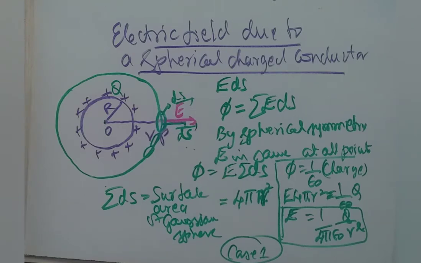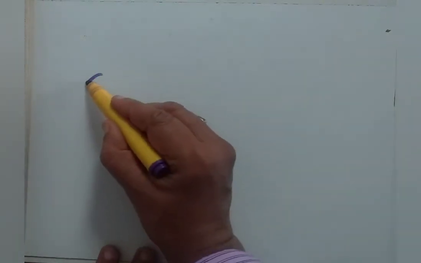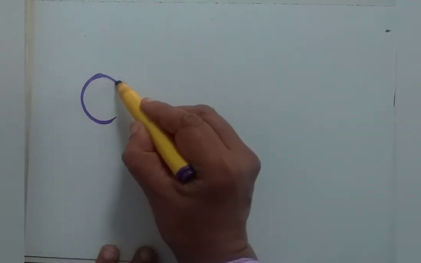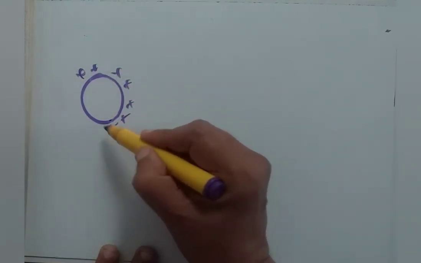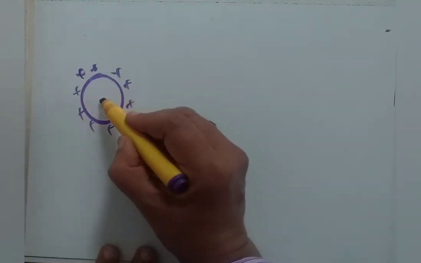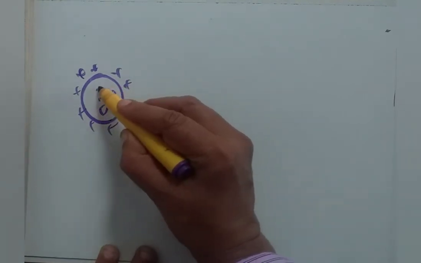Now, we think of what happens when the point P is inside the conducting sphere. We write the figure once again. Say this is our charged conducting sphere with charge on the surface of the conductor. This is the center. I consider point P now inside at a distance r.